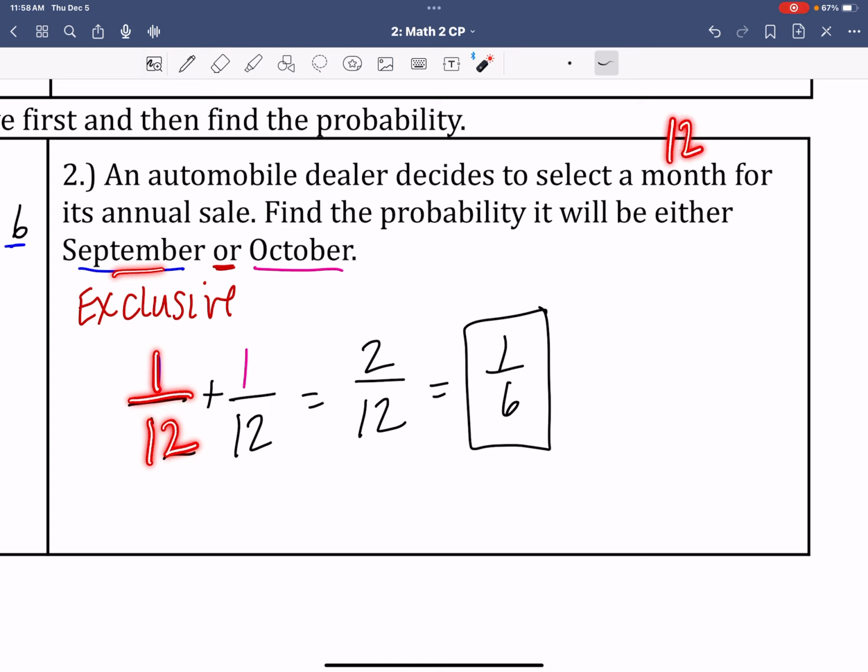There are 12 months in a year, so make sure you know that. There's 1 September in the year, and you add that to 1 October. Since they don't overlap, you just add them together. You get 2/12, which simplifies to 1 over 6, and that's your answer.